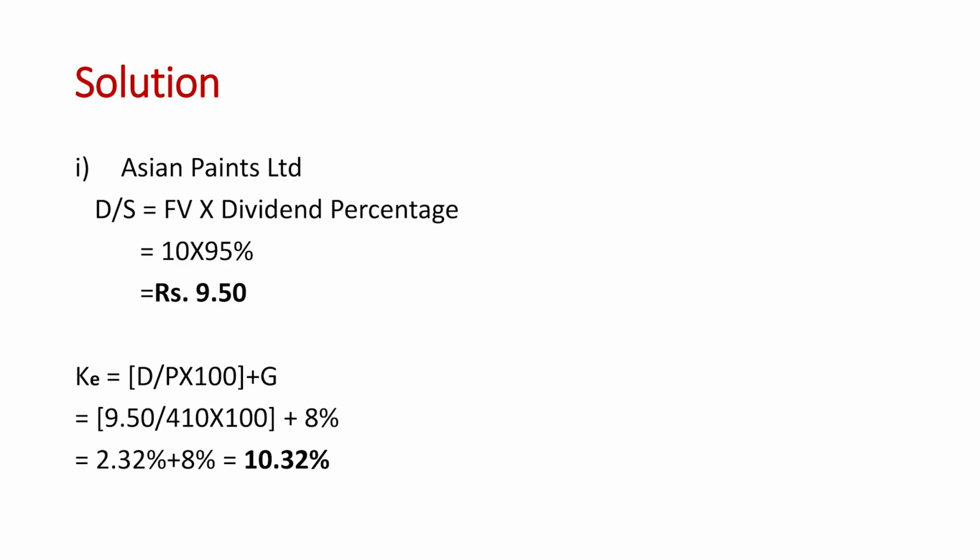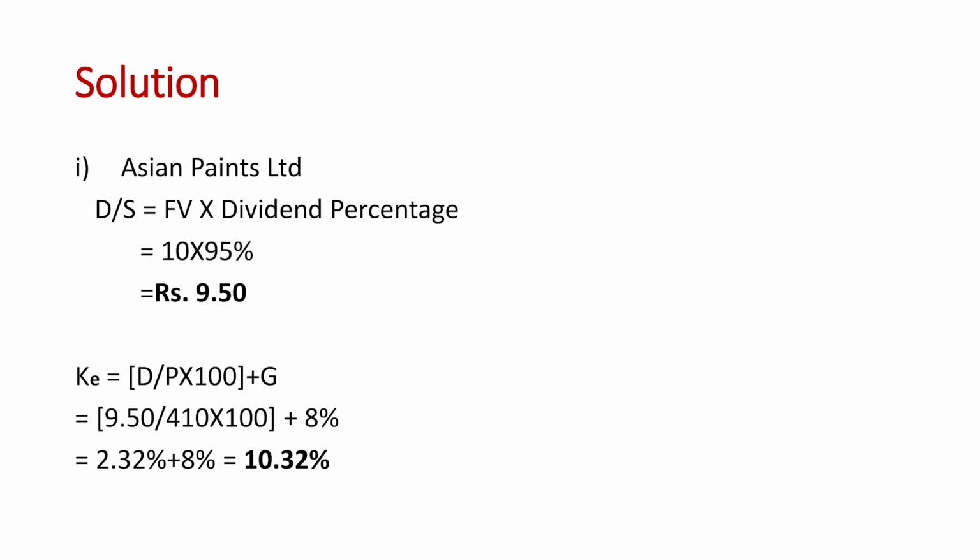So, in this problem, first we have to calculate the dividend per share. Now, what is the formula to calculate the dividend per share? Dividend per share is equal to face value into dividend percentage. So, in this problem, they are given the face value, that is 10, and percentage of dividend, that is 95. So, how to calculate? 10 into 95 divided by 100, it is equal to 9.50.